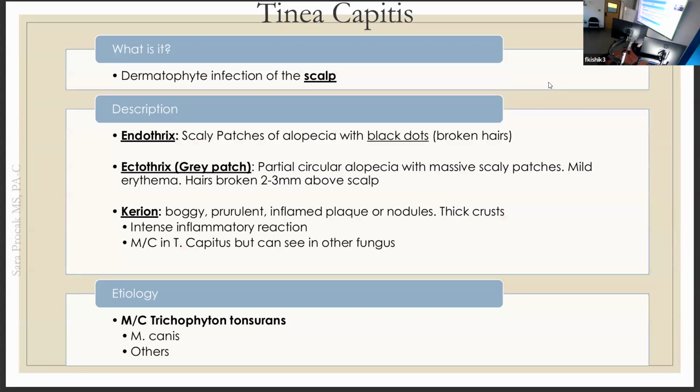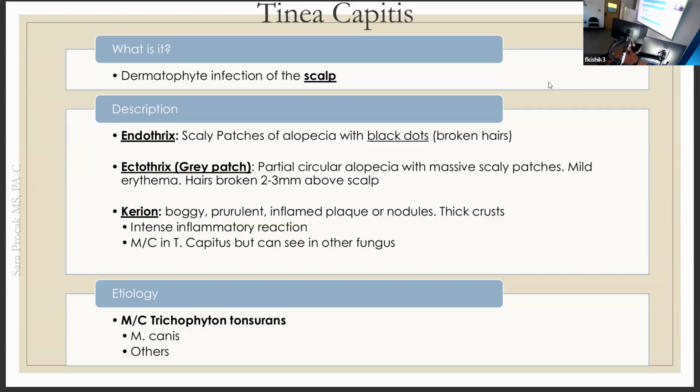The etiology for this, most commonly, is going to be Trichophyton tonsurans, at least here in the US. In other parts of the world, geographically, the species are just going to be different. So Microsporum canis is going to be more common in places like Europe, Africa, and Asia. But again, geographically, where you're at, there are going to be others too.